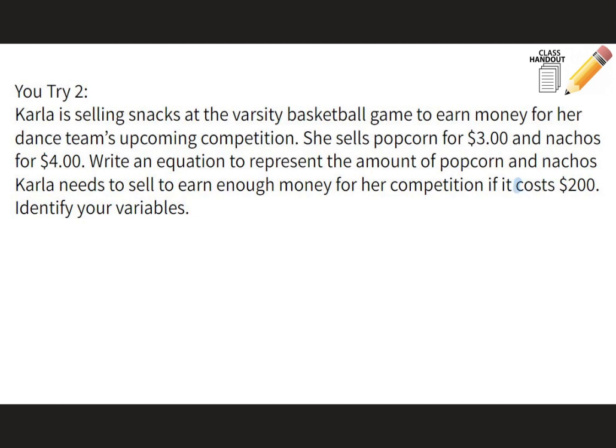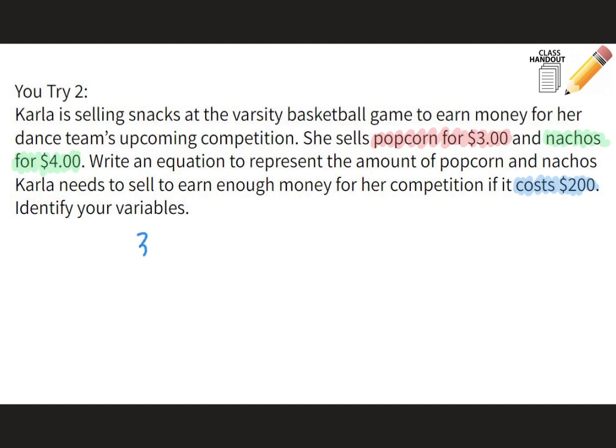The total quantity is the $200. One of the quantities is popcorn for $3, and the other one is nachos for $4. So this is going to be written in standard form.